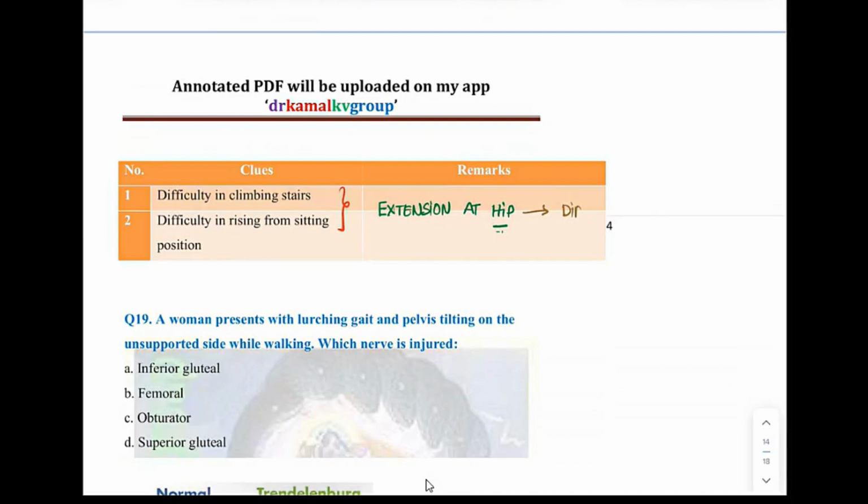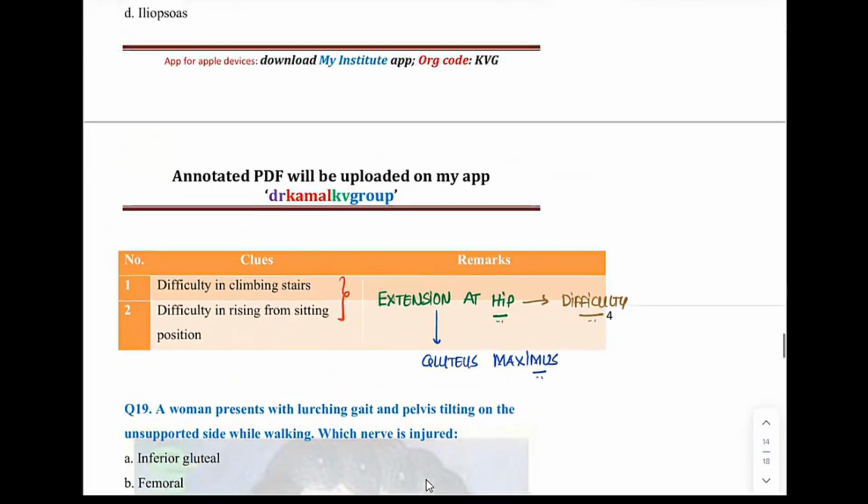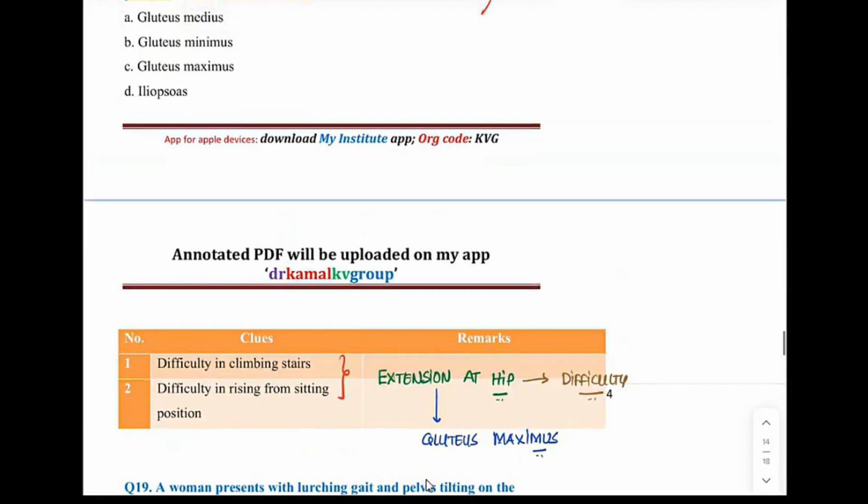So it means the muscle which is bringing out extension at the hip is paralyzed, and that muscle is gluteus maximus. So it means the gluteus maximus is paralyzed, and gluteus maximus is paralyzed if the nerve supply to this muscle is paralyzed, and it is supplied by inferior gluteal nerve.